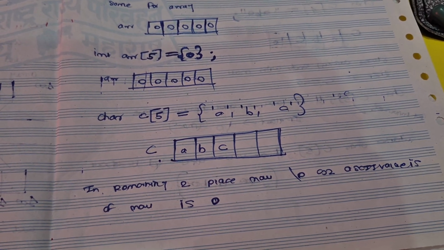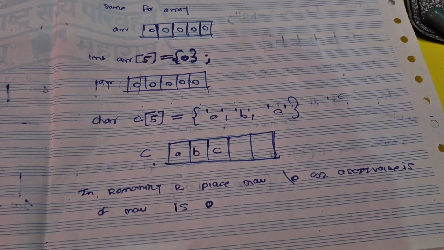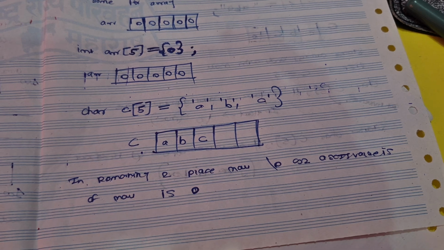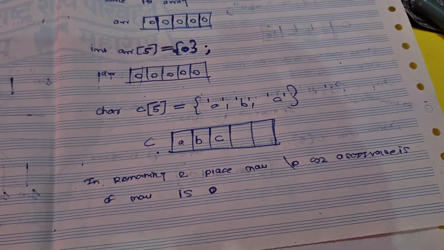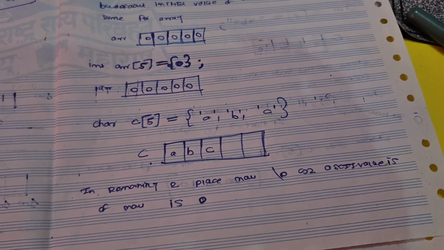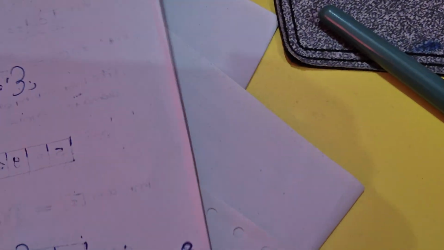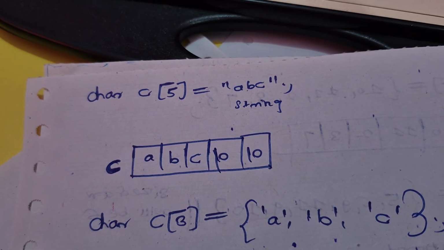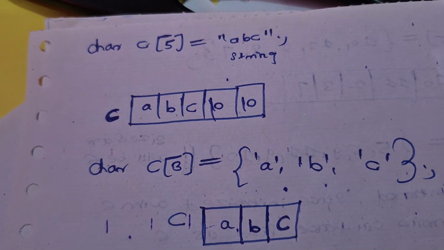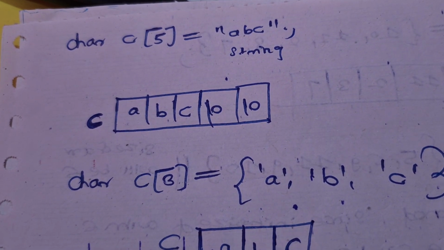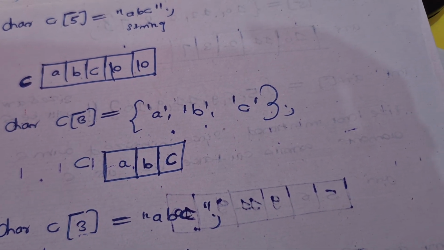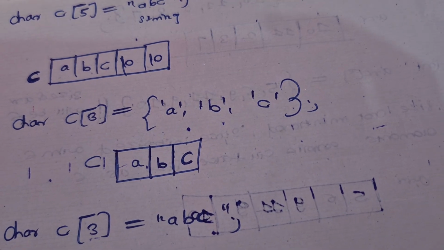So this is a character type array. A, B, C are stored. In the remaining 2 places null would be stored, because the ASCII value of null is 0. So 0 would be stored here in the character array. This is a string. Character array of 5 is given, and ABC would be stored in separate boxes, but since the size is 5, we would store null in the rest because it's a character array. ABC is given for a character array of 3, so it would be stored in 3 places.